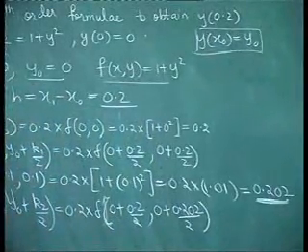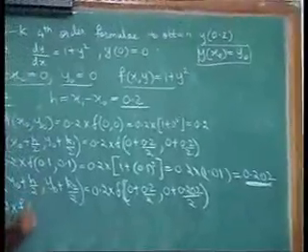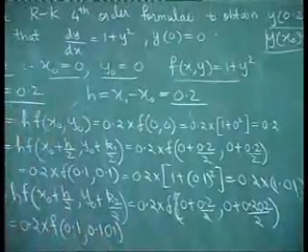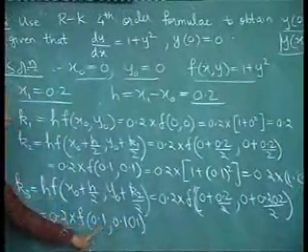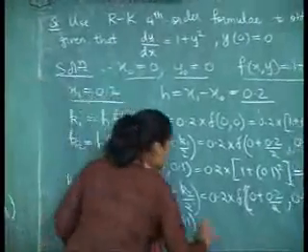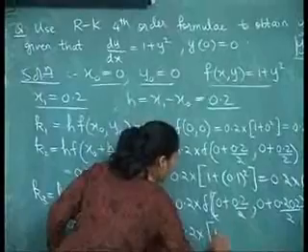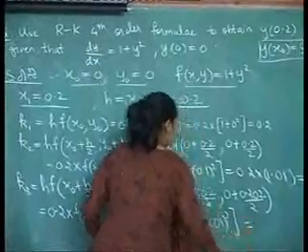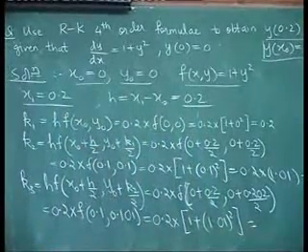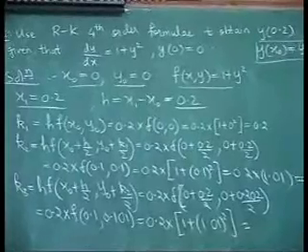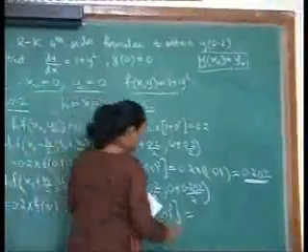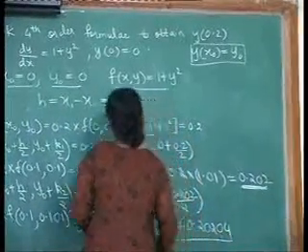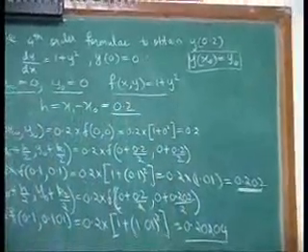So this is 0.2 into f of 0.1 comma 0.101. Again use the formula for f of x, y. f of x, y is 1 plus y square. So this will be 0.2 into 1 plus square of y, that is 1.01 square. And again I won't be able to orally do this, so I have done the calculations beforehand. This works out to be 0.20204. This is K3.